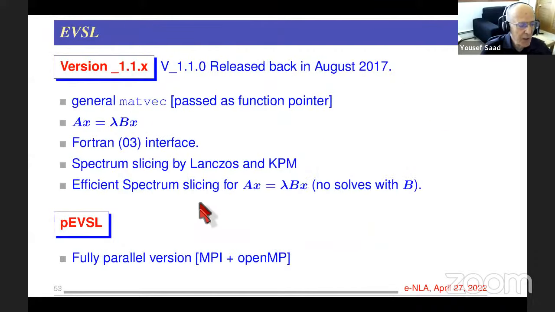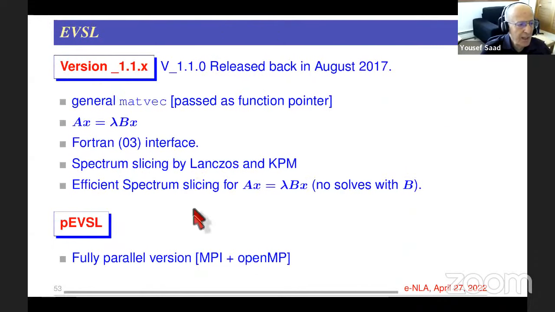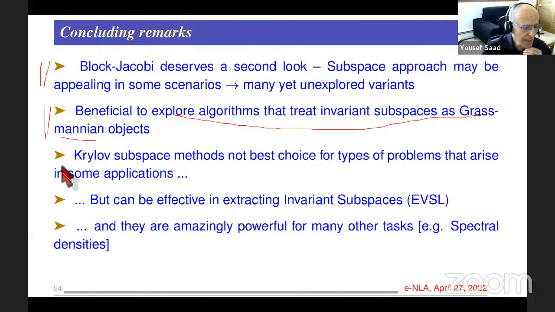I'm going to stop by saying a little bit of a commercial about this code. It's on our website. And this is my conclusion here. I will say just that block-Jacobi really deserves a second look. It's very useful to exploit algorithms using the Grassmannian perspective.